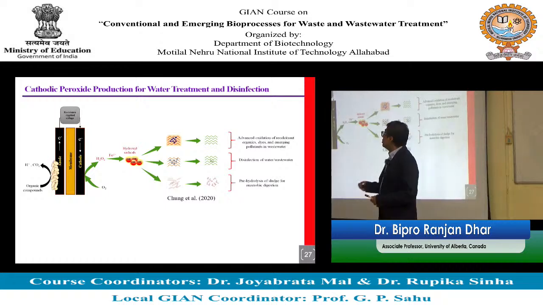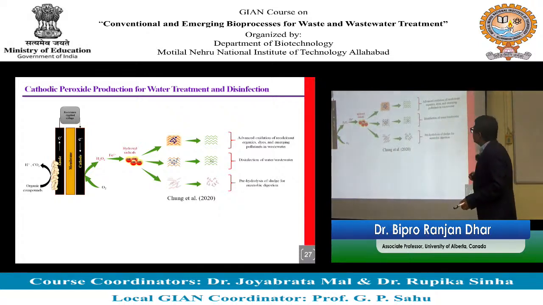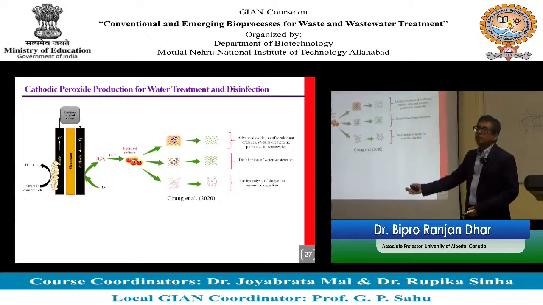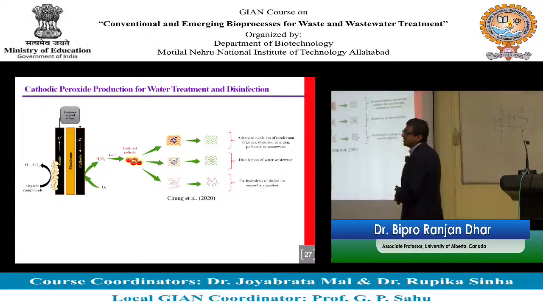So we can use this kind of strong oxidant to hydrolyze the particulate organics. We can use this method for hydrolysis of sludge or any other feedstock used for anaerobic digestion, so kind of a pre-treatment.